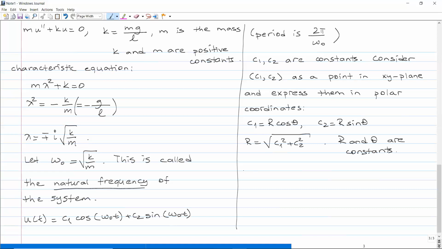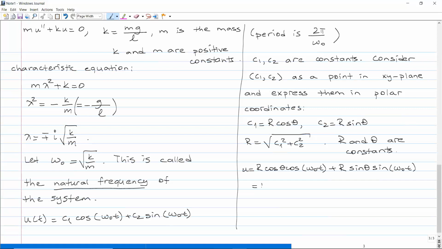Now our solution U, instead of C1, we write R cosine theta times cosine omega 0 t, plus R times sine theta times sine omega 0 t.